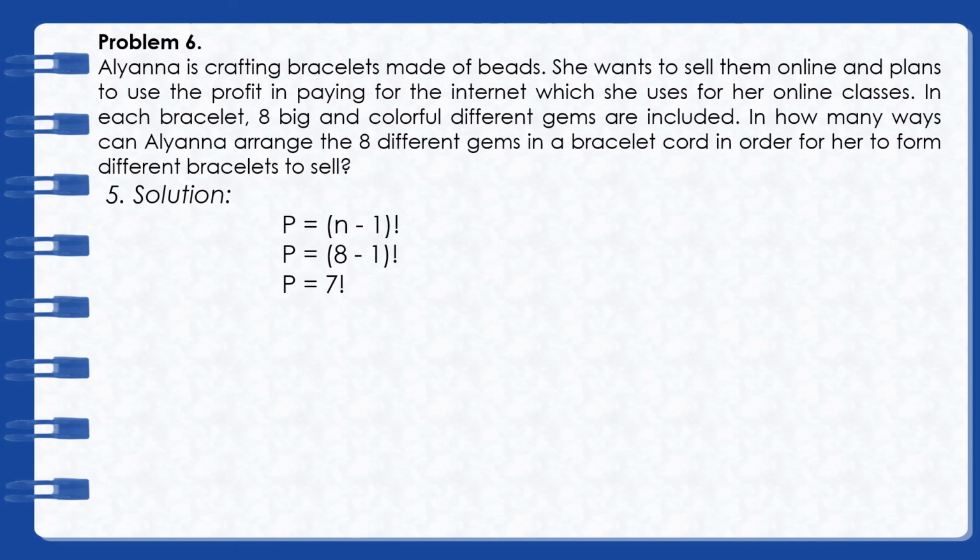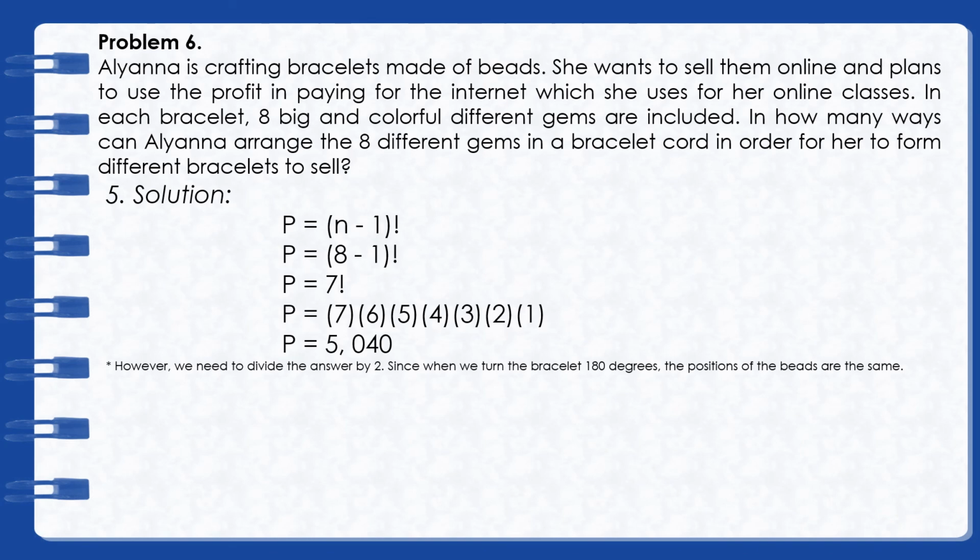So 7 factorial is equal to 7 multiplied by 6, multiplied by 5, multiplied by 4, multiplied by 3, multiplied by 2, multiplied by 1. So what is our answer? Great job! The answer is 5,040.